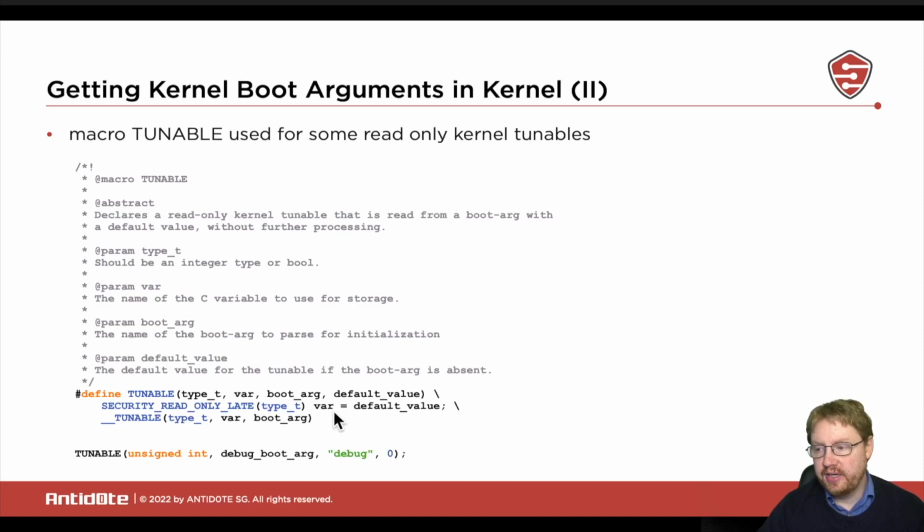For example, here you see that the kernel boot argument debug is nowadays implemented as a tunable, so it controls the value of the debug boot arg variable, and the default value here is basically 0 if no boot argument is given.